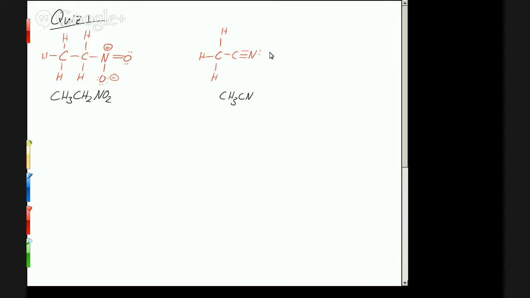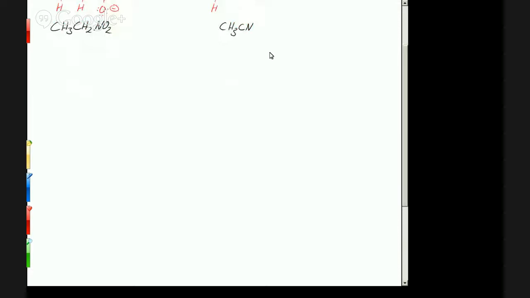So far, so good. Okay, let's move on to the line structures and the names. All right, so let me see if I can write this whole thing up here. Make sure it's the same thing. Acetonitrile.